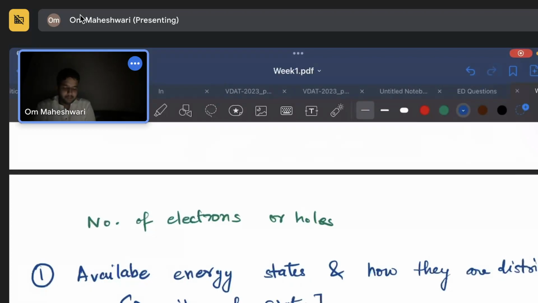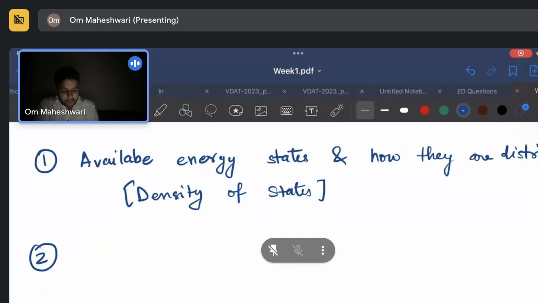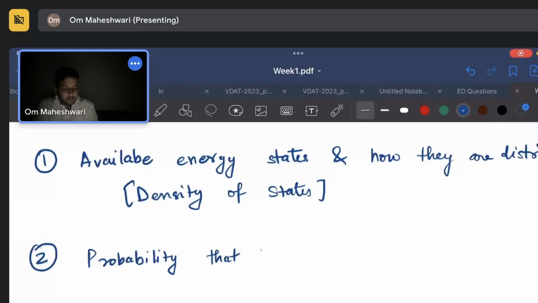And the second thing that we want to know is the probability that these states are occupied.